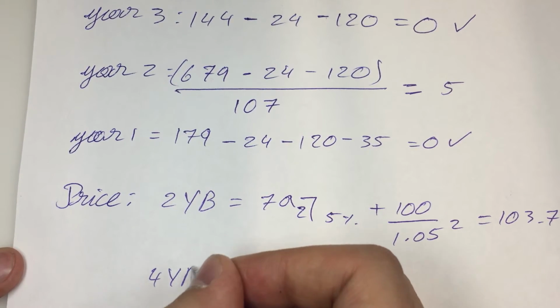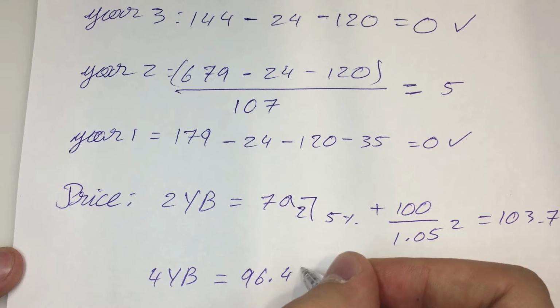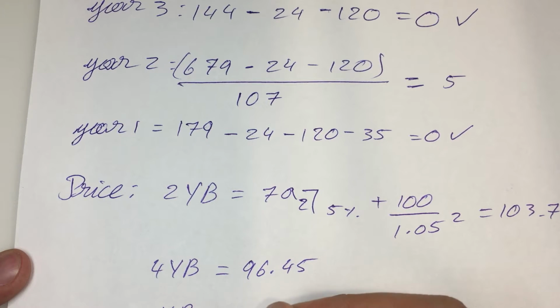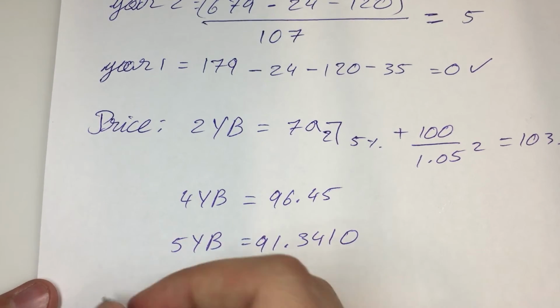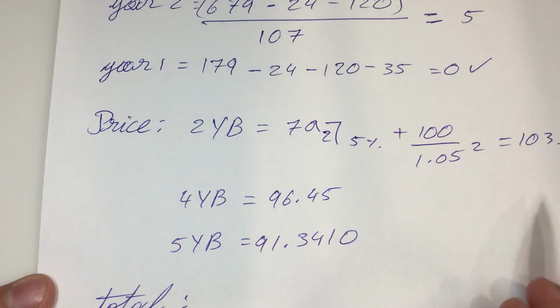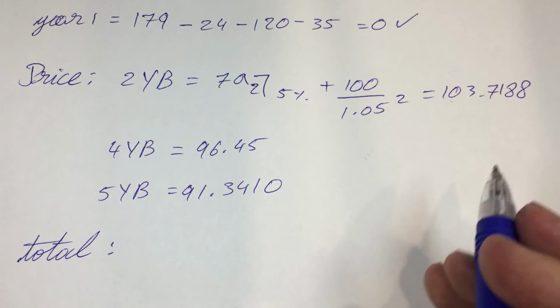For the 4-year bond, we do a very similar thing for a total price of $96.45. For the 5-year bond, once again, same process, $91.34. And lastly, the total cost for the asset portfolio is simply the price of every single one of these bonds times the amount of bonds that we've purchased.